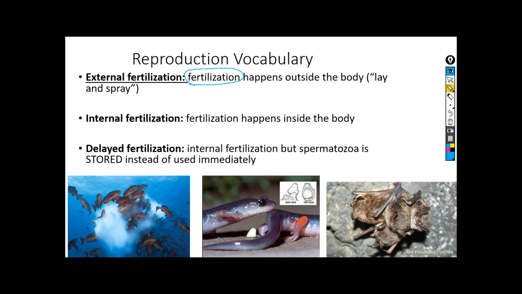Okay, so for external fertilization, the meeting of the sperm and the egg is outside both the male and female bodies. You'll see me refer to this as lay and spray. The female lays the egg somewhere, and the male sprays his sperm or spermatophores into that same space, and then it's in that space that the eggs become fertilized.